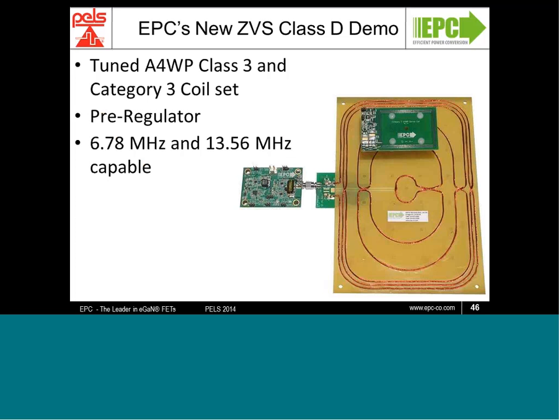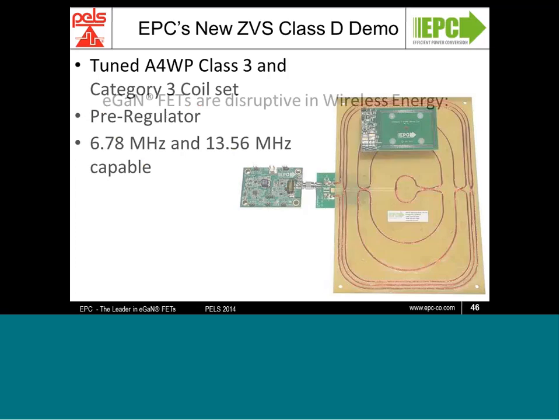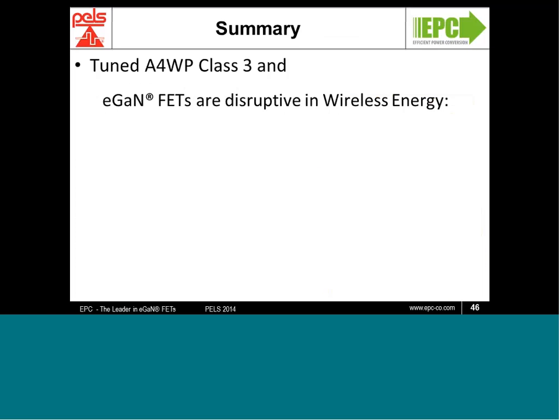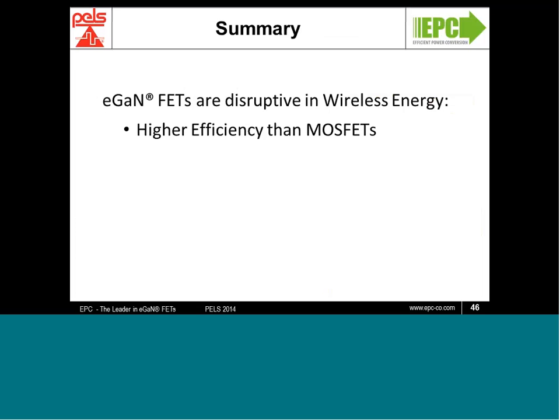And in summary, GaN FETs are disruptive in wireless energy. They have higher efficiency than MOSFETs, and that's a big deal. They can operate at both 6.78 megahertz and 13.56 megahertz, and that's primarily driven by the significantly lower gate charge they have compared to MOSFETs.